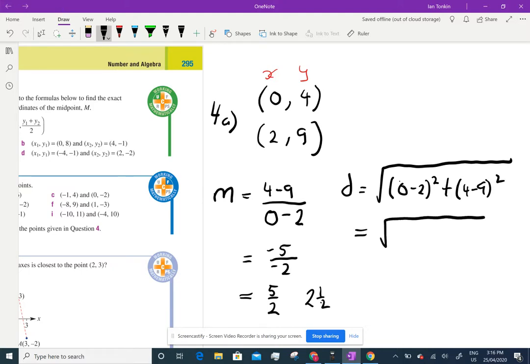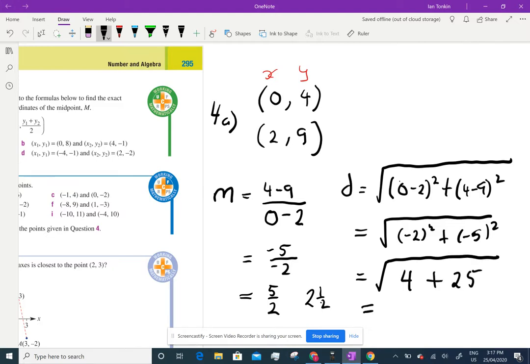So that's going to be the square root of negative 2 squared plus negative 5 squared. Now here's the interesting thing. The negatives are just going to go because you're multiplying a negative by a negative. So it's just going to be 2 squared, 4, plus 5 squared, 25, and we'll leave that as a surd, root 29.